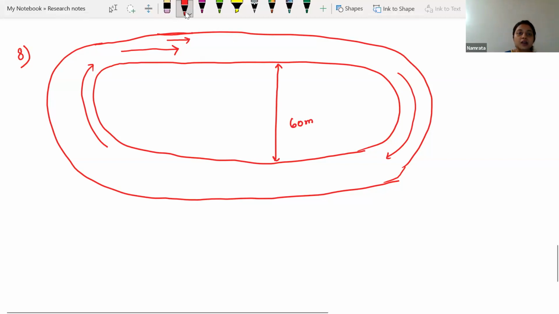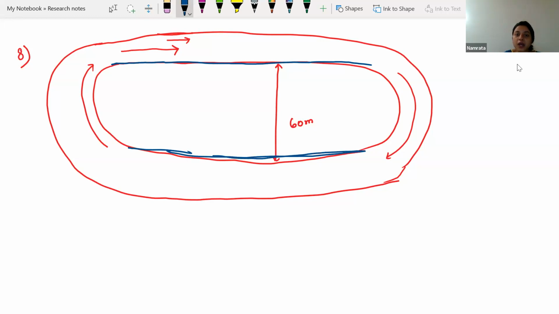If you look at the figure in your book, it is straight, and then a semicircular shape is over there. So these two are parallel with each other. However, in my figure it looks curved, but that's not curved. Both the blue lines are parallel with each other.